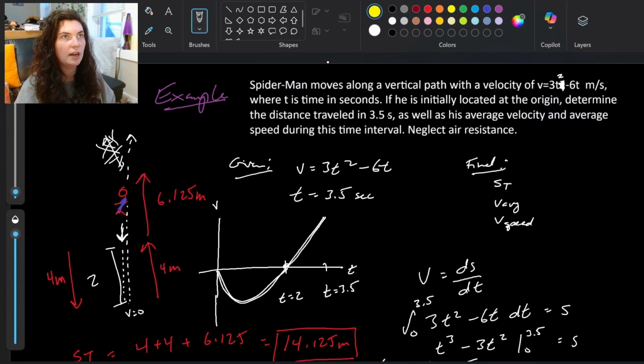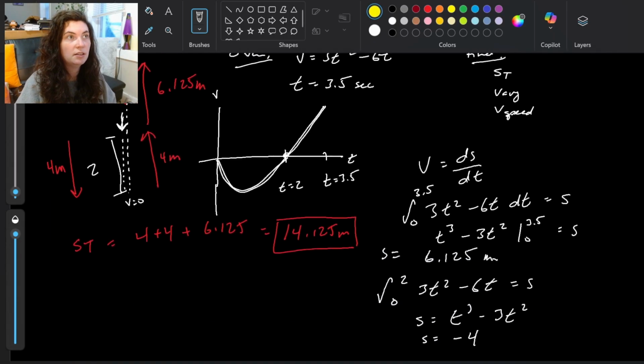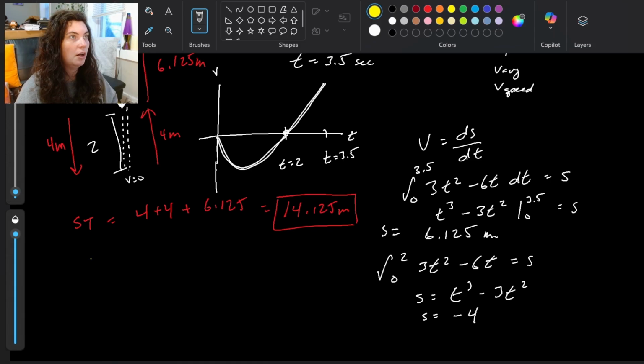We got the distance traveled, but we also need his average velocity and average speed, which also may have been a tip off to you that, hey, average velocity and average speed may not be the same number, because velocity accounts for the sign. Velocity is a vector, it has direction, whereas the speed does not. If you recall, our average velocity equation is the change in position over the change in time.